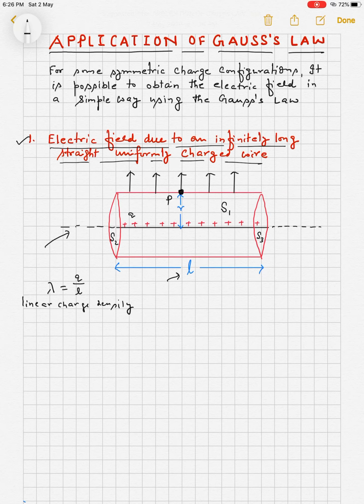Due to this charge that is distributed over this infinitely long straight wire, we draw a Gaussian surface.